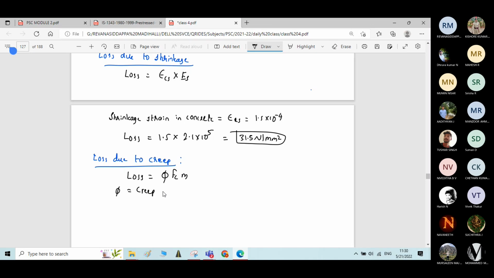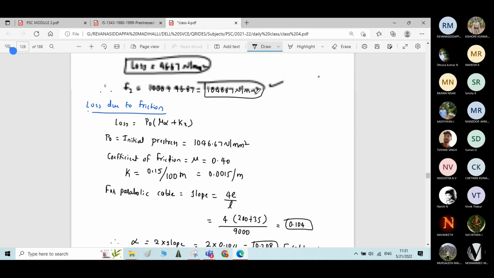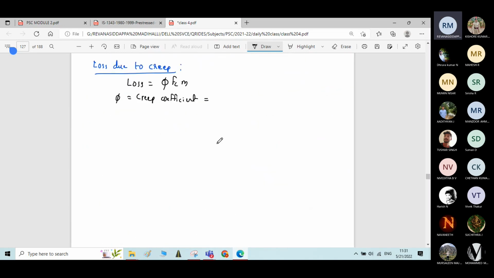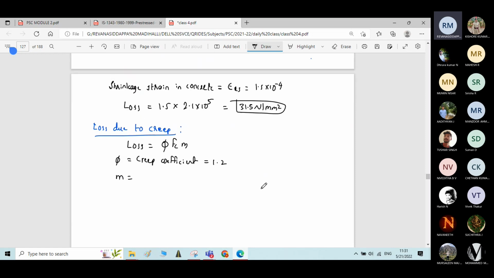The creep coefficient is given as 1.2. Let me take the value as 1.2. Then the modular ratio, just check whether it is given or else we have to calculate.